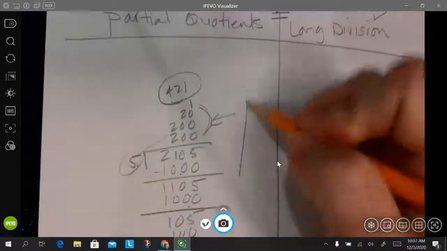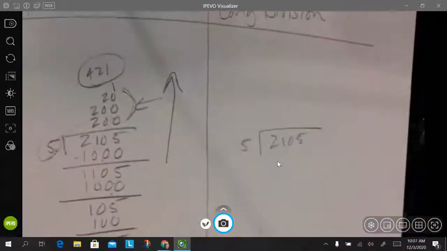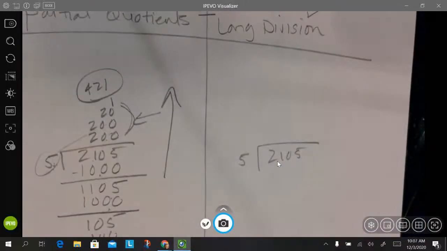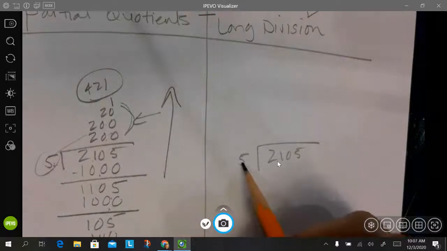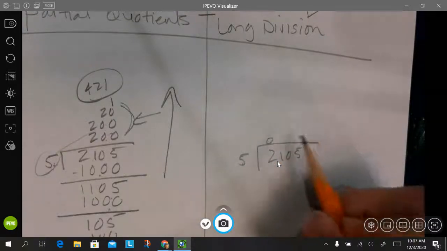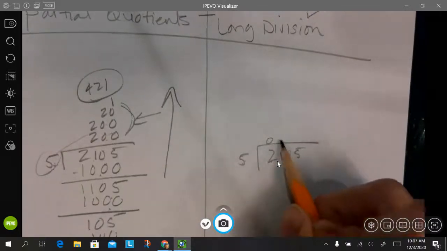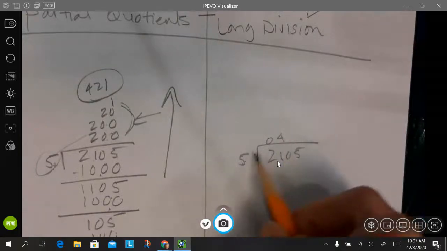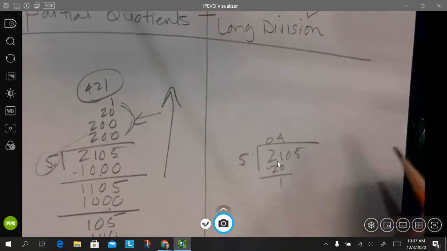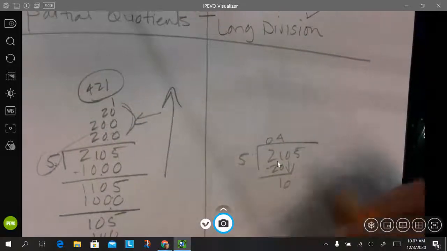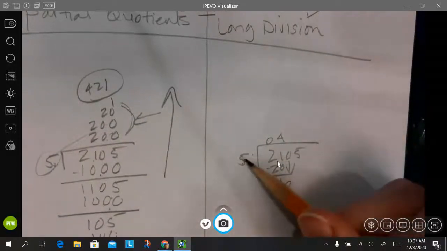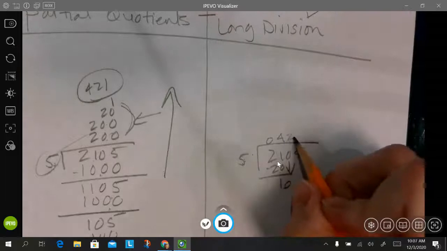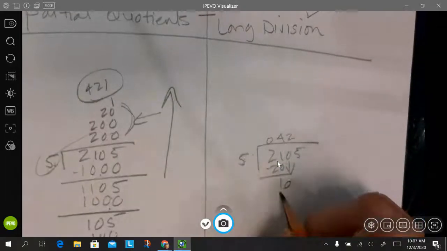Okay, so you're working up. Long division is a little different. Long division is like, how many times does 5 go into 2? 0. How many times does 5 go into 21? I know that 5 times 4 is 20, so then I have 1 left over and I bring my next number down, okay? How many times does 5 go into 10? 2 times. 2 times 5 is 10.